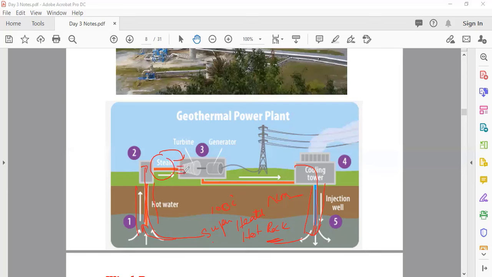The turbine starts to rotate. It is fitted with a generator. So the generator starts to produce electricity that can be supplied to the homes and the industry. Is it okay? Can we move forward now?